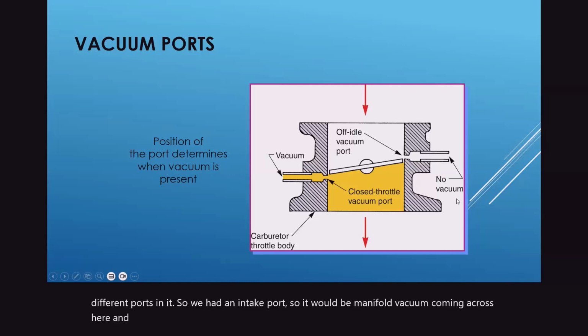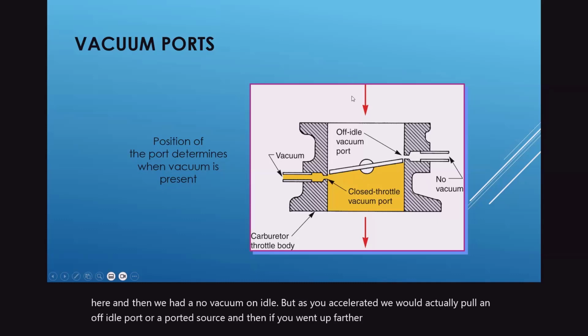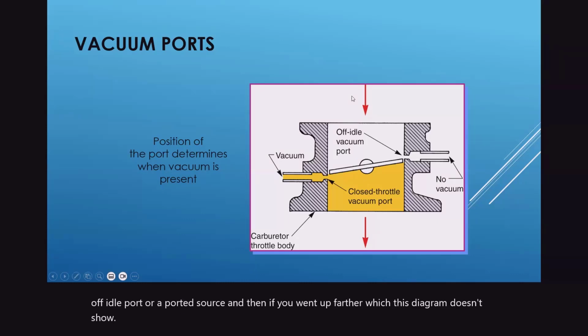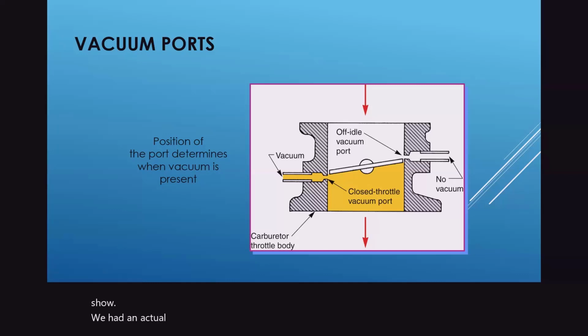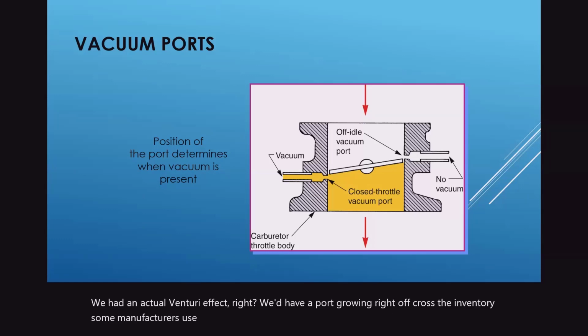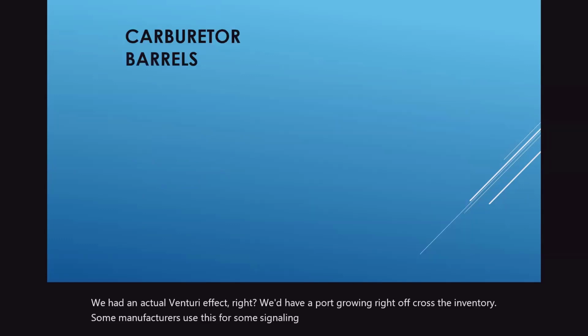And then we had no vacuum on idle, but as it accelerated, we would actually pull an off idle port or a ported source. And then if you went up farther, which this diagram doesn't show, we had an actual Venturi effect, right? We'd have a port going right across the Venturi. Some manufacturers use this for some signaling processes.